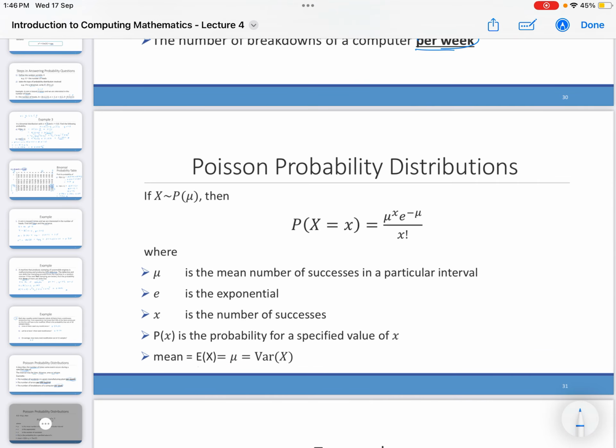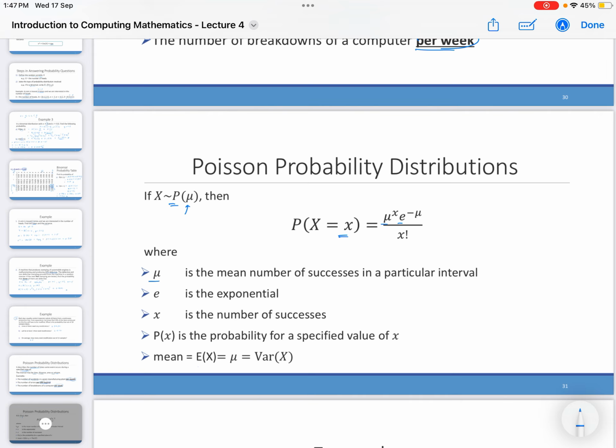Okay, this is the formula for Poisson. Let's say X is Poisson distributed. The only characteristic here is the mean, mu, the average. The formula for P of X equals some value of X is mu to the power of X, times e to the power of negative mu, divided by X factorial.